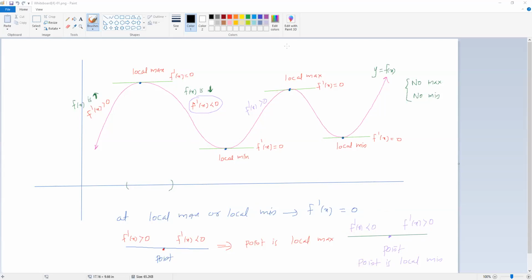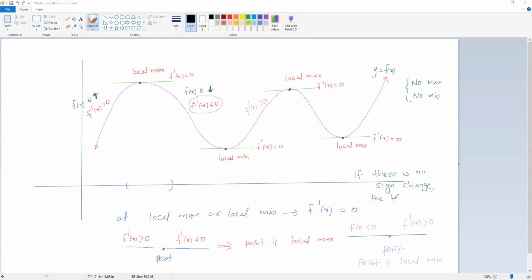And one more point I want to add: if there is no sign change, the test fails.